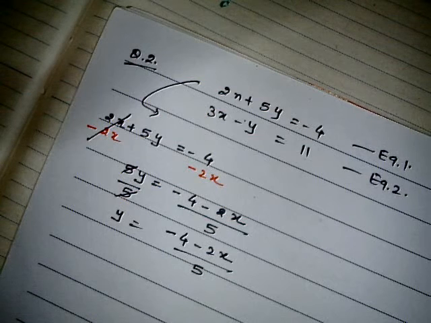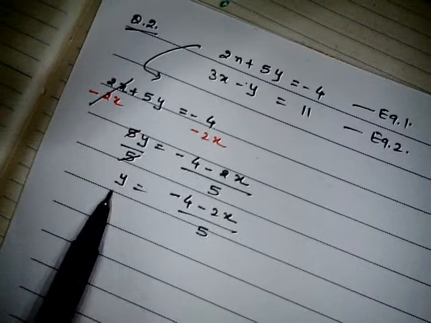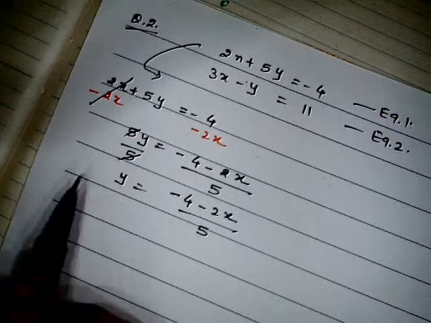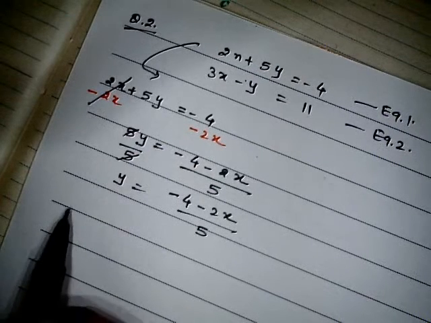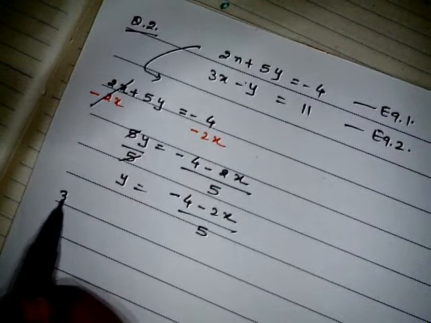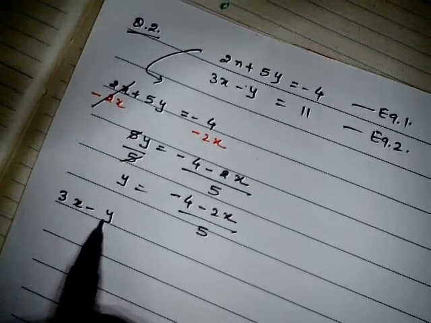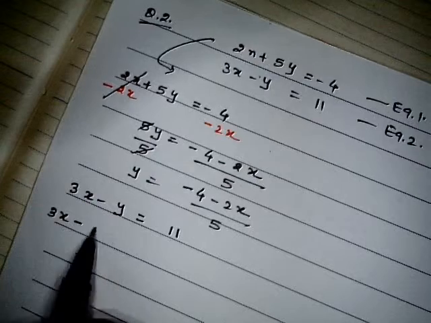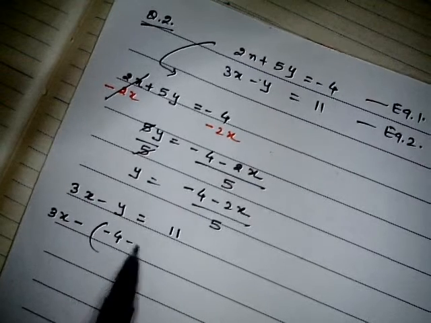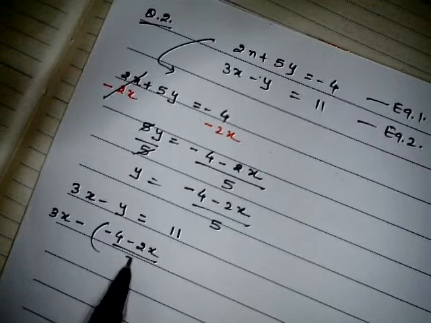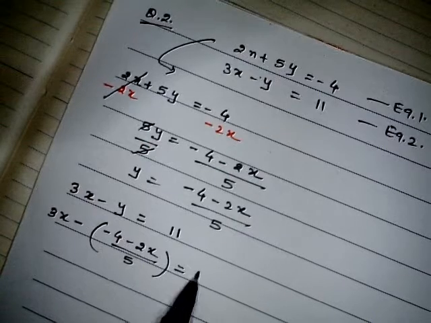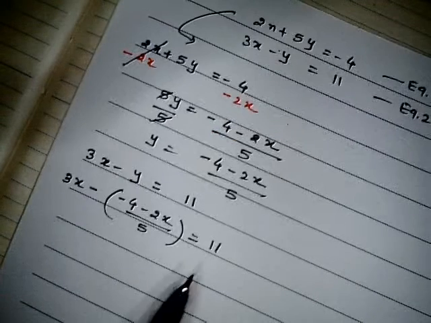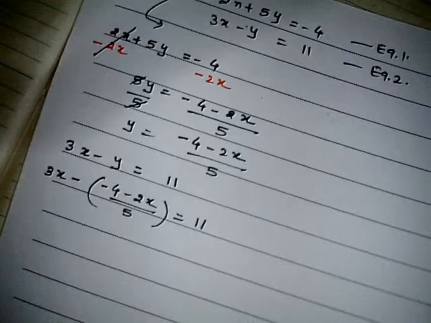So this y value I am going to plug into the second equation, which I have not used yet. The second equation is 3x minus y equals 11. I am going to write the y value over here, divided by 5, equals 11. Now I have written this equation. The problem you can see is that this 5 is there.